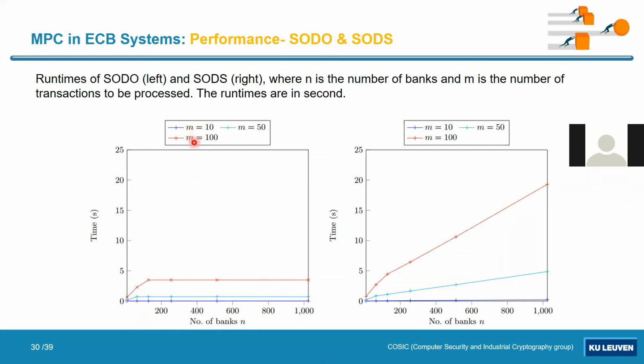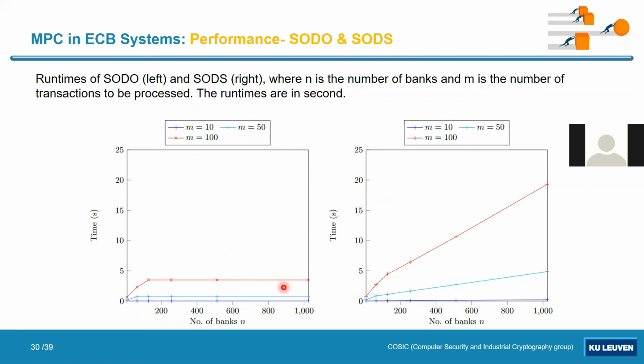We implemented it for 3 different numbers of transactions: 10, 50, and 100. Here you can see that for the case of SODO, we got better results than SODS.